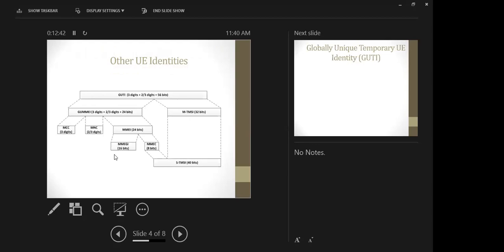Another thing I just missed: I said that MCC is unique for a country. Almost for all countries, there is only one MCC. Like in Bangladesh, we have only 470. But USA has a few, I think 4. I don't remember exactly.